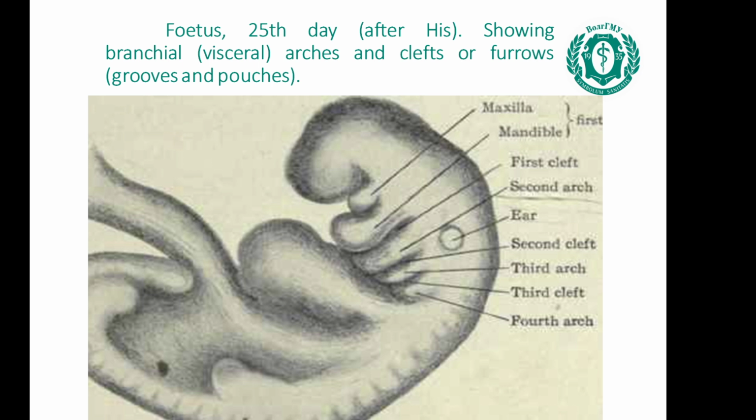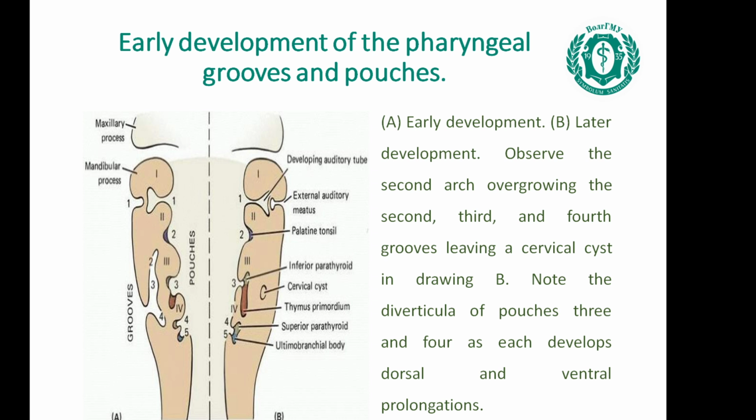Here you can see the fetus at 25th day, showing branchial or visceral arches and clefts or furrows, grooves, and pouches. Early development of the pharyngeal grooves and pouches.